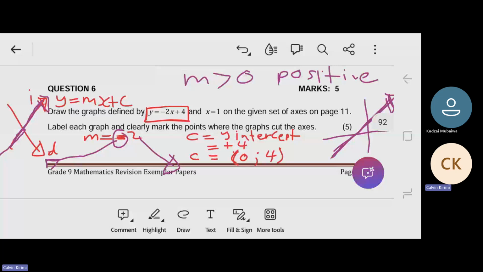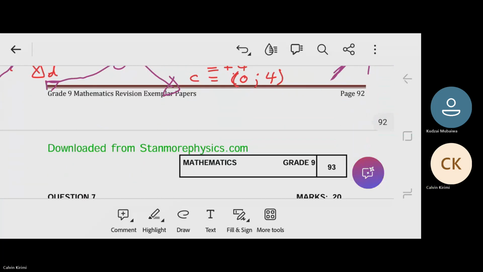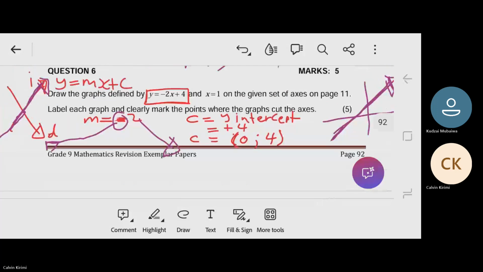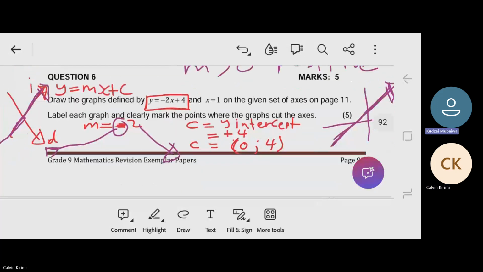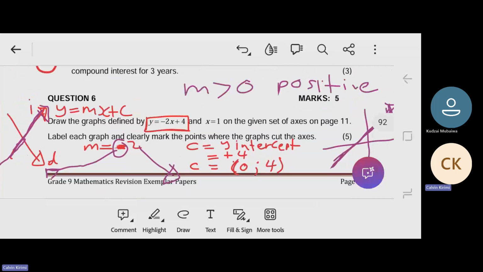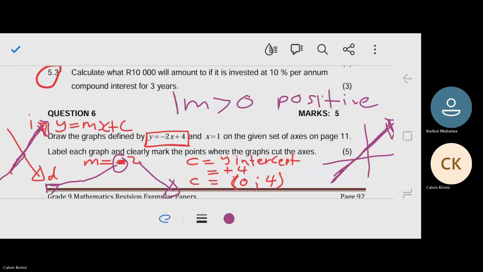I told you when m, the gradient, is positive, the graph is going upwards. Okay.